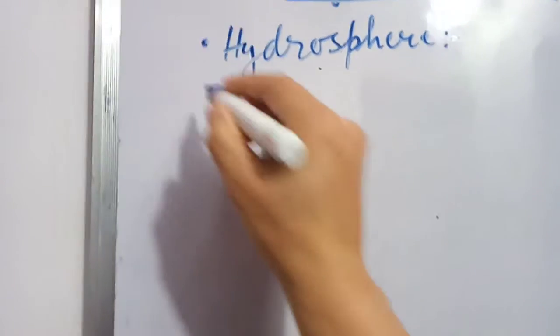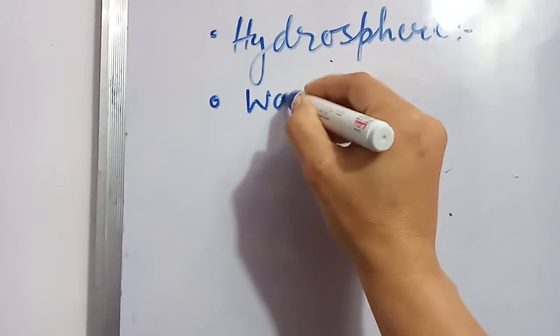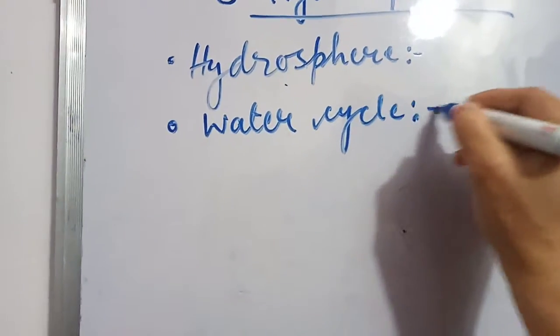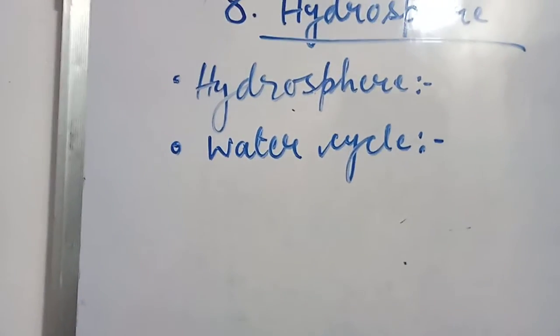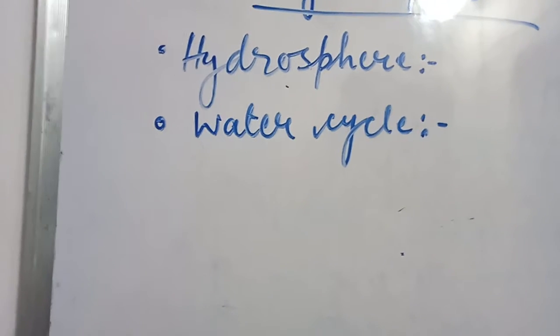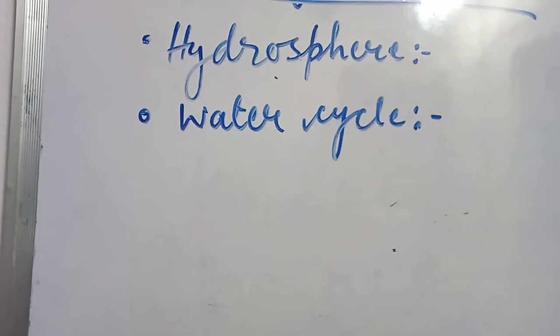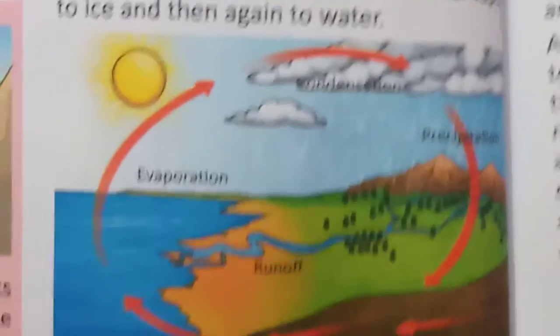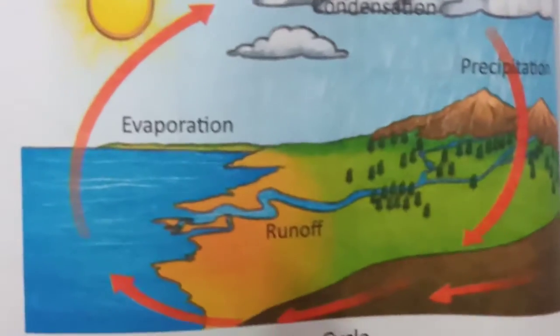Then after that we studied about the water cycle. What is the water cycle? Water moves through the hydrosphere in a continuous cycle. This picture shows the water cycle.